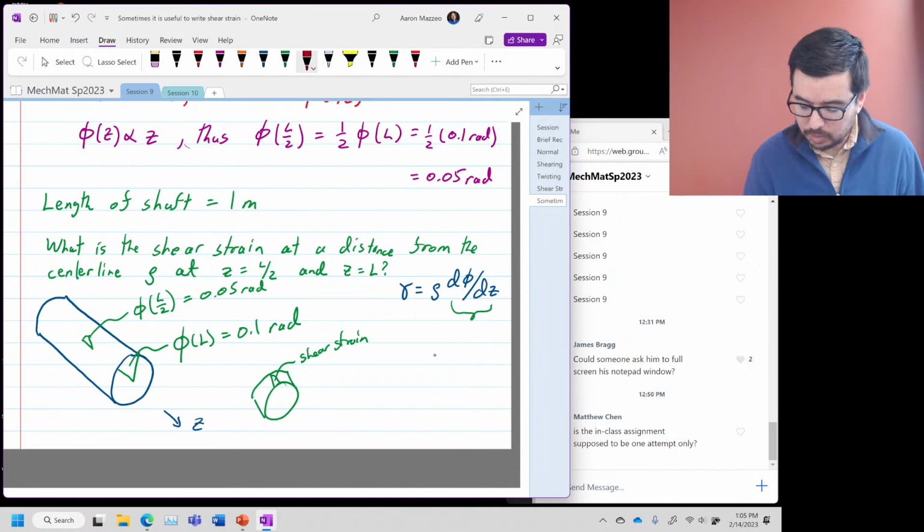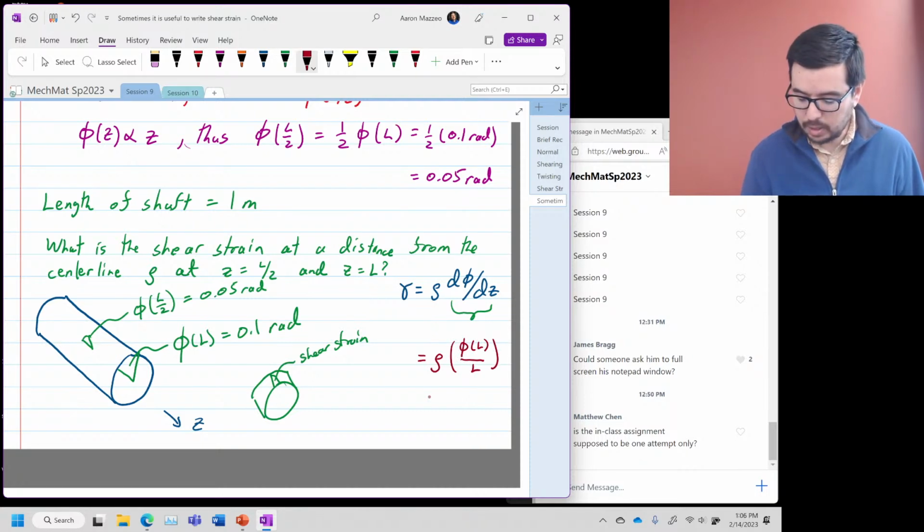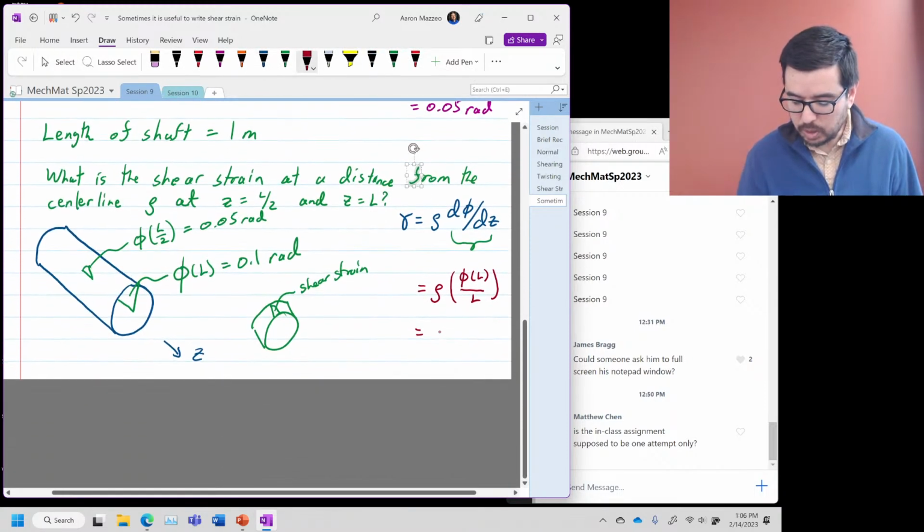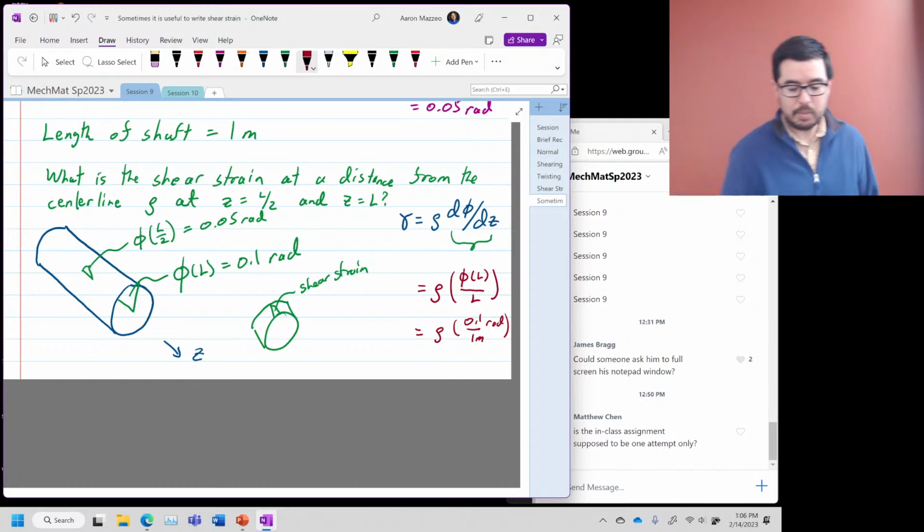So this is going to be rho times phi at L divided by L, and that's going to equal 0.1 divided by 1 meter. So that's what gamma is.